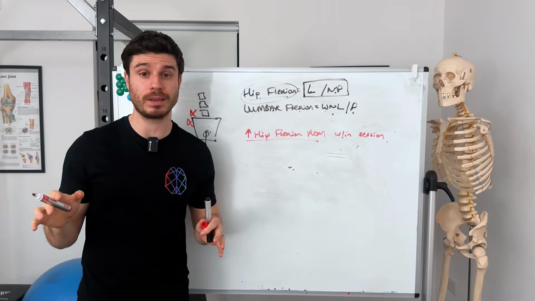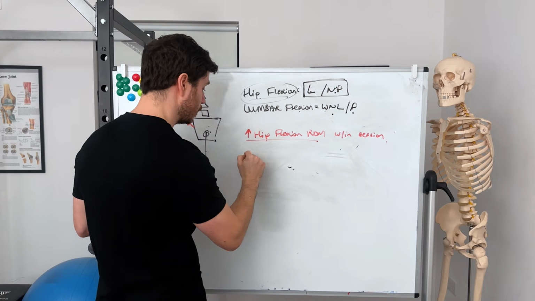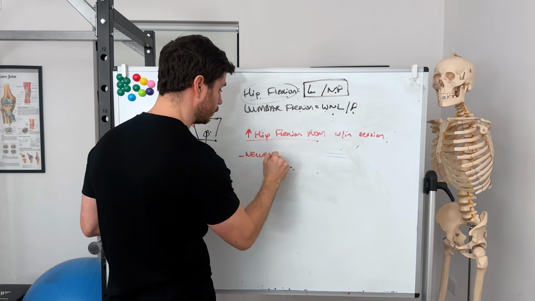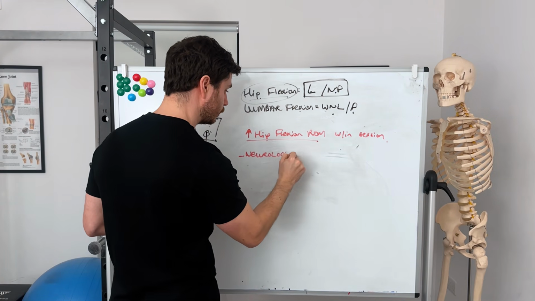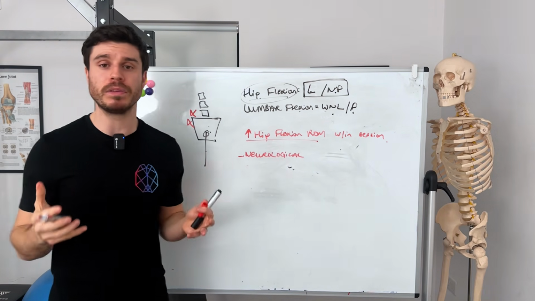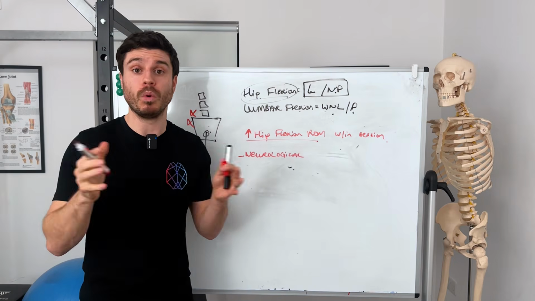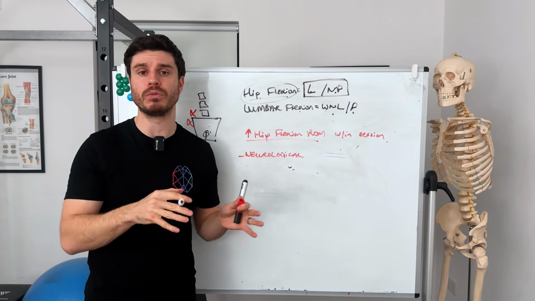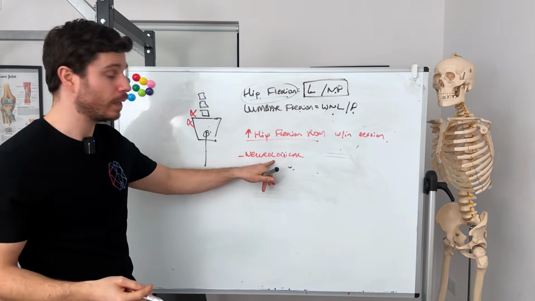Probably wasn't a structural thing. It was more likely a neurological limitation, neurological protection, increased muscle guarding, a stiffening strategy, for example. Okay, why? We don't have enough information here to really delve into that, but that's likely what happened there.